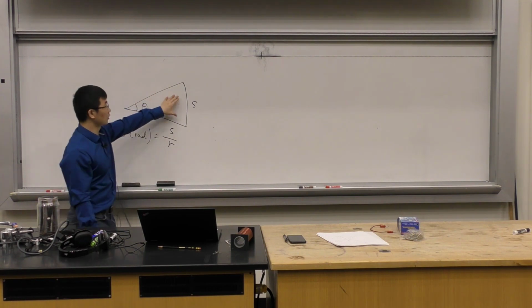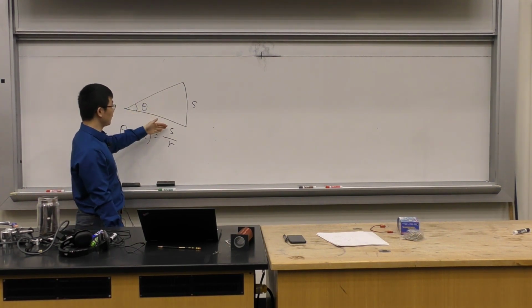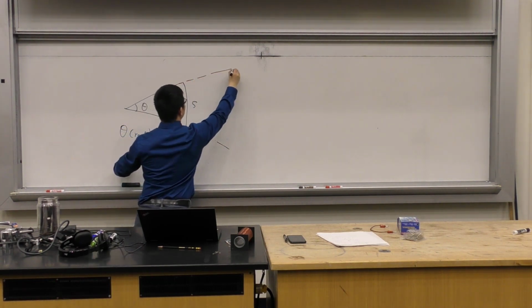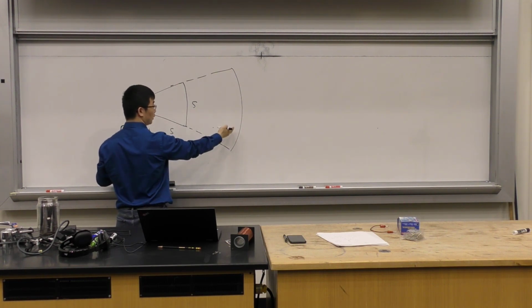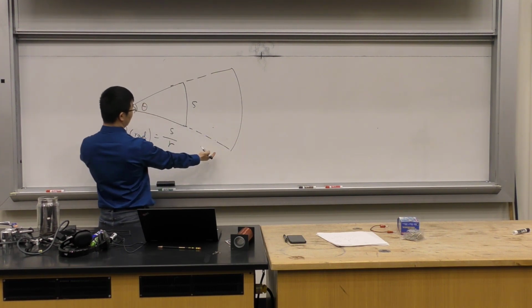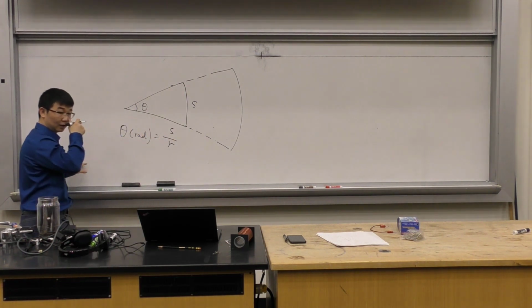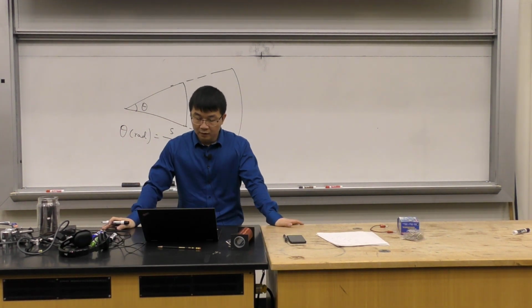You divide the arc length by the radius, you will get the angle. And it doesn't really depend on the radius, because if you make a big circle with this angle, you get a larger arc length, but you also get a larger radius. So the ratio is still going to be the same. So you always get a unique number.